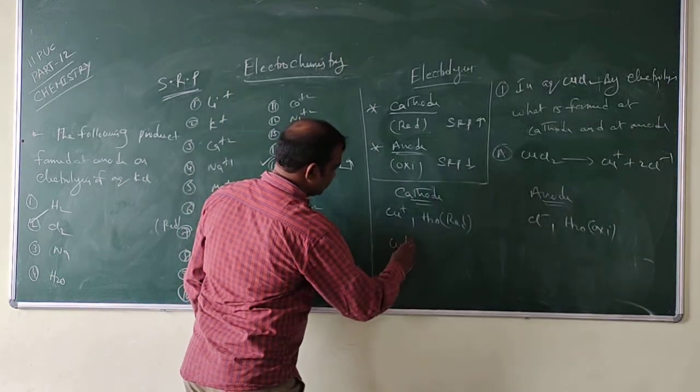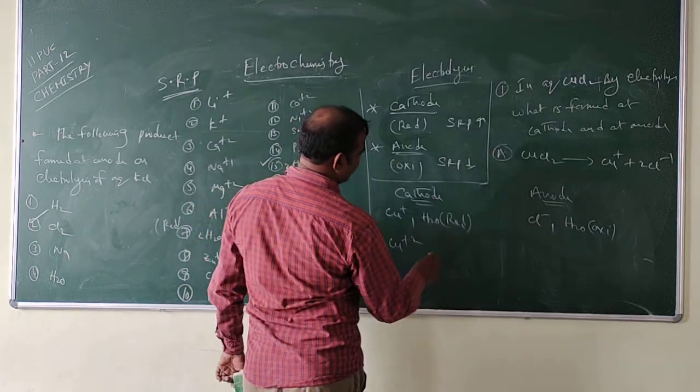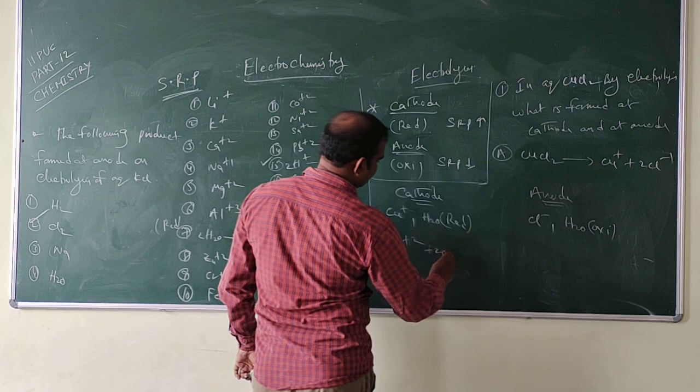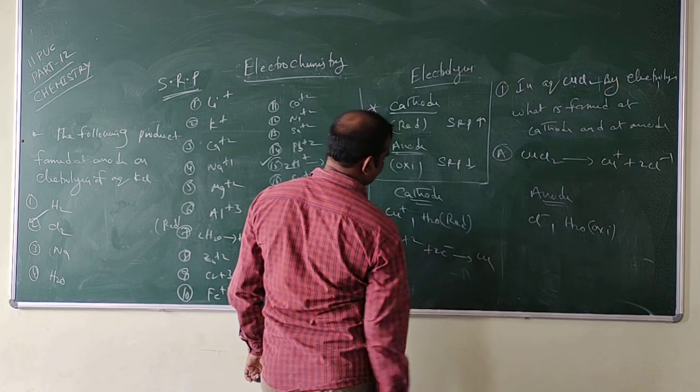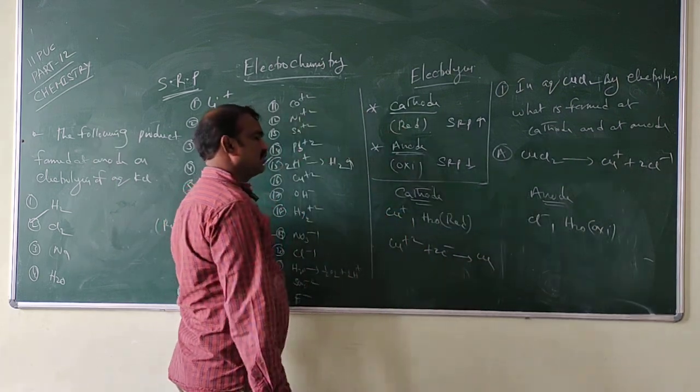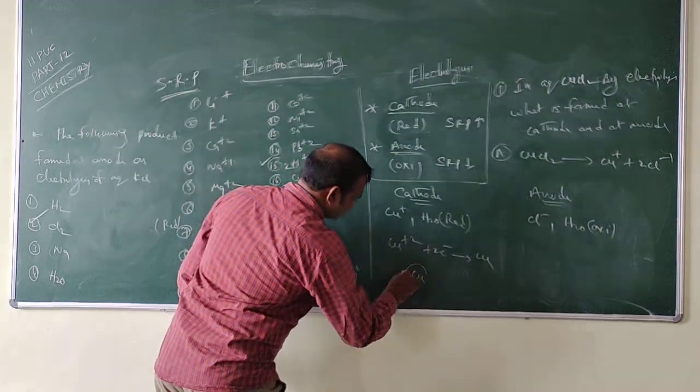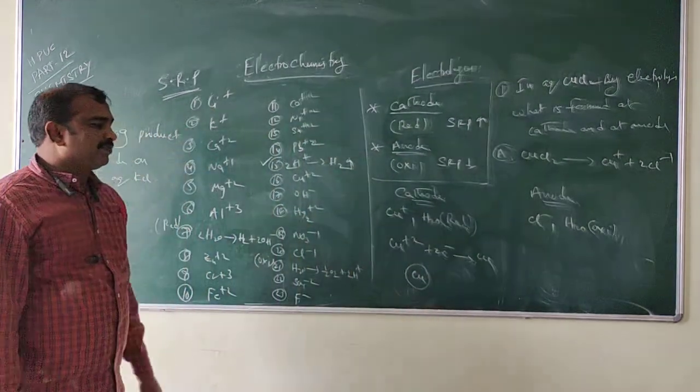So only Cu2+ plus 2 electrons gives rise to Cu. So copper is formed at the cathode.